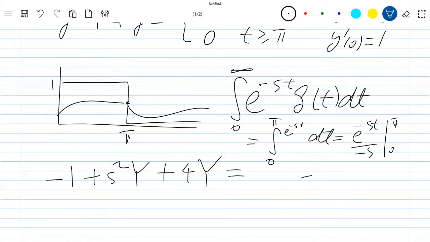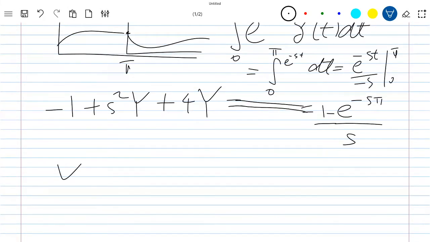Then you plug in the limits: from pi, you get e to the negative s pi over negative s, and plugging in 0, you get 1 over s. So the right-hand side equals this. So you can solve for your capital Y.